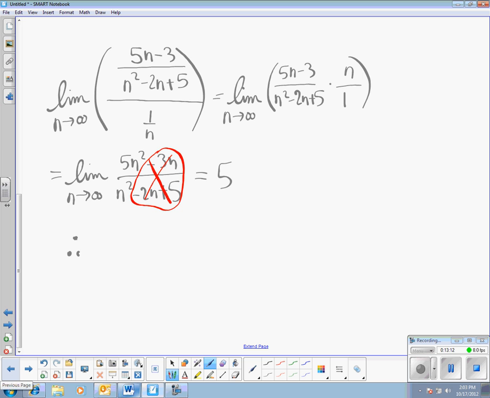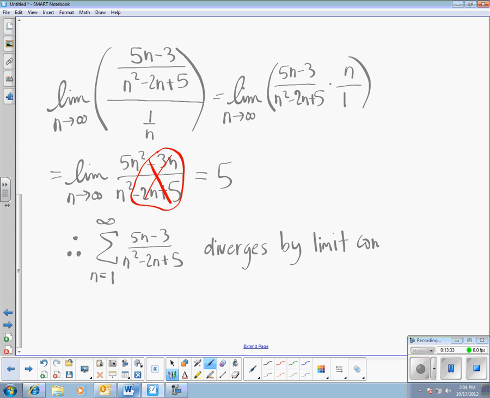Therefore, the series I've been working on, which is this one, diverges by limit comparison. And that could be your answer. And the work above would be part of your justification.